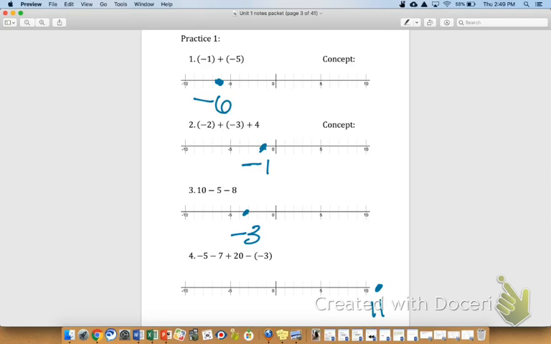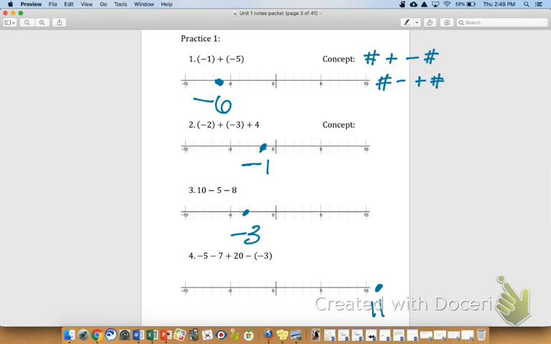From a concept perspective, listen up, please. From a concept perspective, this is what I would say. If you have some number, I'll just put the little hashtag to represent some number, plus a negative some other number, or if you have a number minus a positive number, doesn't that mean the same thing? Doesn't that mean start wherever you're supposed to start and then move which direction? It means move left.